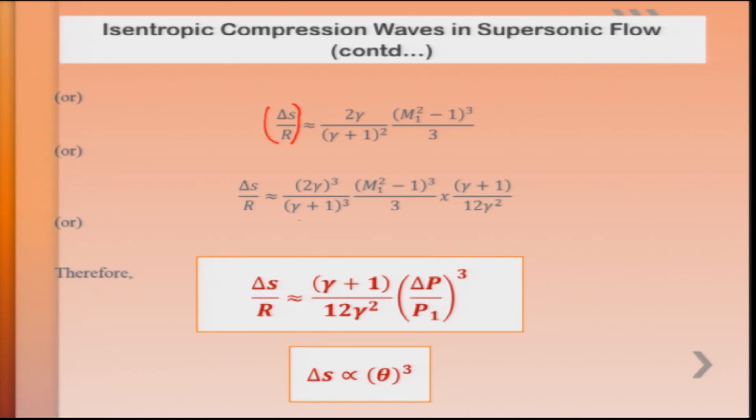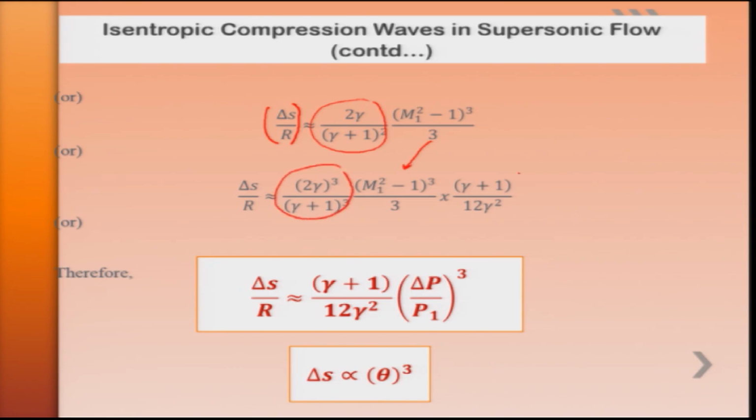If you do this manipulation as shown here, 2 gamma upon (gamma plus 1) to the power 3, (M1 square minus 1) to the power 3 upon 3, I can directly write this term as the strength of the shock. Hence, writing in terms of the strength of the shock to the power 3, delta S by R is approximately equal to (gamma plus 1) upon 12 gamma square times (delta P upon P1) to the power 3.